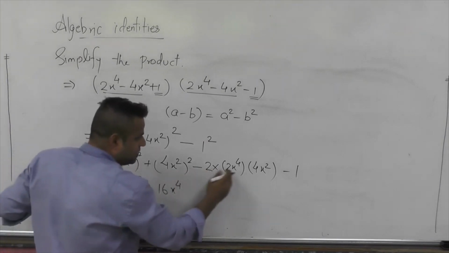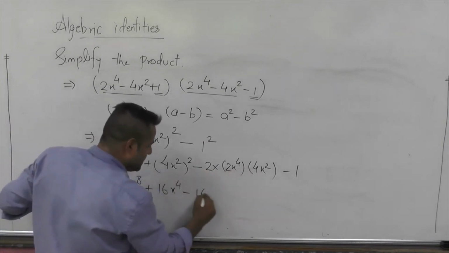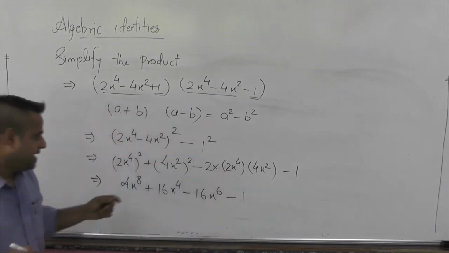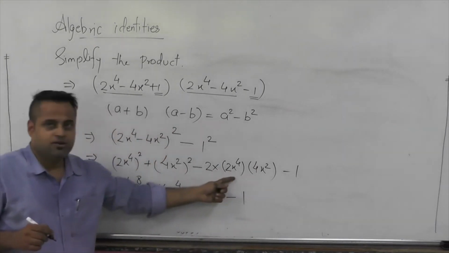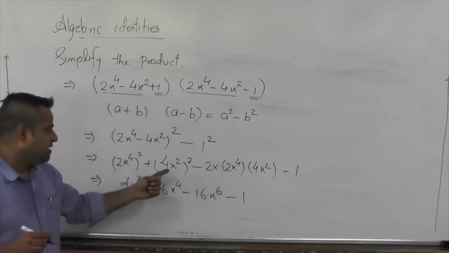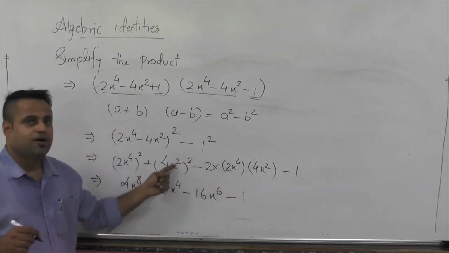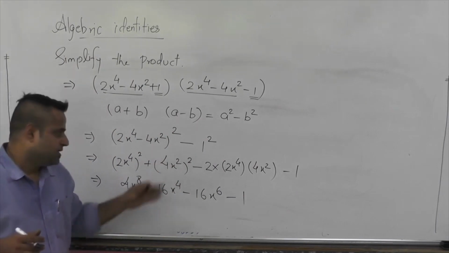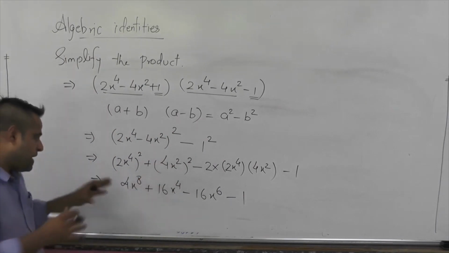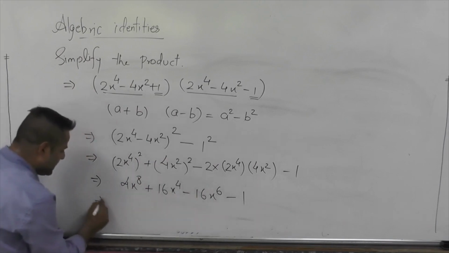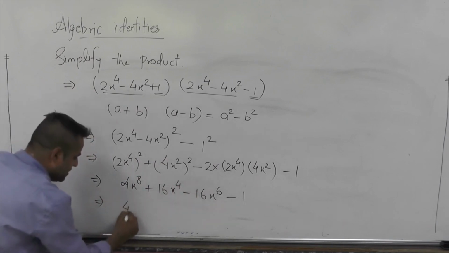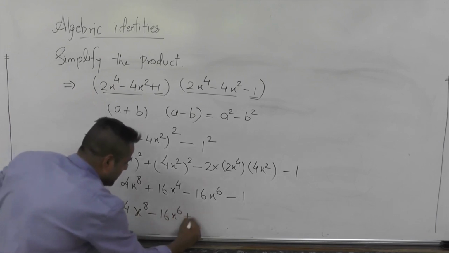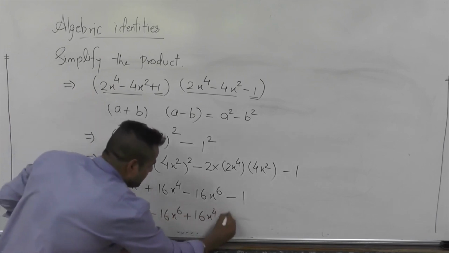This will become 2 2s are 4, 4s are 16x to the power 6 minus 8. Remember that powers will be added when multiplying, and if a power is on a power, they will be multiplied. You have remembered the 7th power notation rule that will be applicable here. Your answer is not in proper form. We can arrange it in descending order of powers. So that 4x to the power 8 minus 16x to the power 6 plus 16x to the power 4 minus 1.